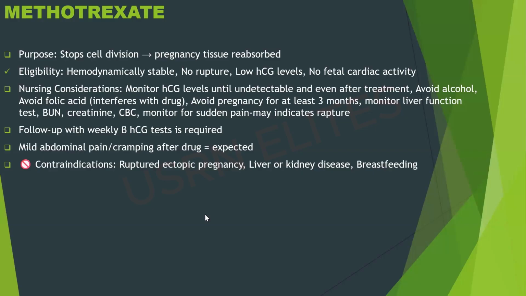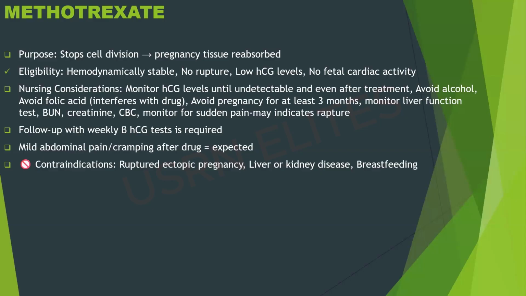But if not, that means it's going to develop what? And we have to know our CBC, all right? Monitor for sudden pain. So once you are giving it, you have to monitor for sudden pain. Once there's sudden pain, it tells you that there's rupture.